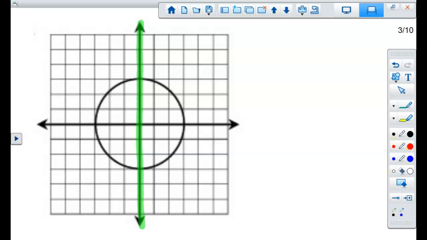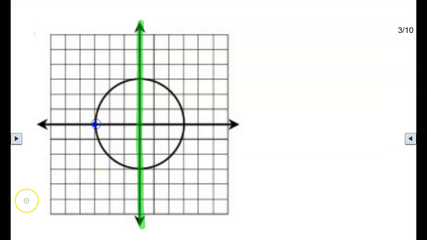So to get us started here, if I started at this point on my circle, and I traced it back to the y-axis, I would land here, which is 0. And notice that there's another point over here that also traces back to that 0. So I know 0 on the y-axis is in the range, because both of these points trace back to it.